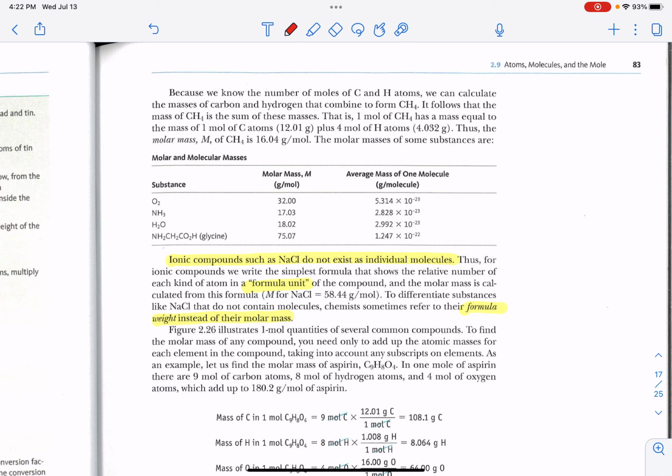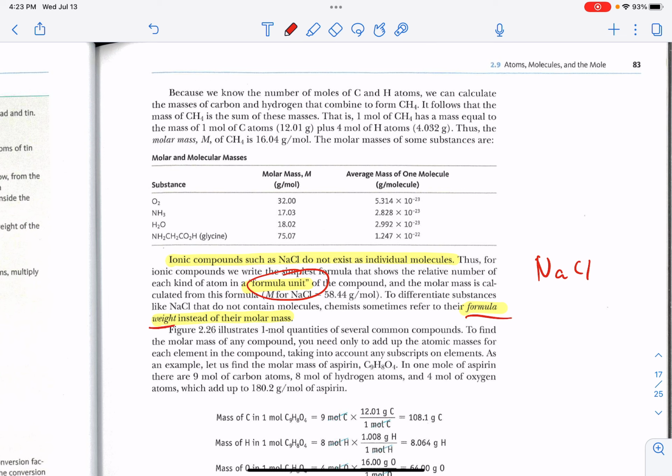We never use the word molecule or molar mass for ionic compounds. We use formula unit. So NaCl is not a molecular formula. It is a formula unit because it's an empirical ratio. There is not a standalone unit or particle of sodium chloride. And we talk about formula weight.